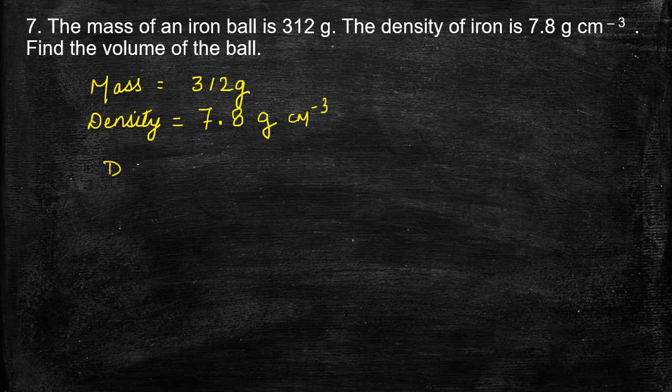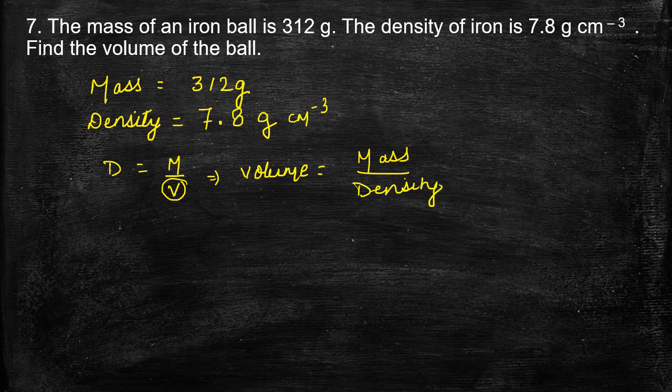So we know density is mass upon volume, which means if we have to find out volume, so volume will be equals to mass upon density. We will take this volume here and density will come down. So volume will be equals to mass upon density. Mass is 312 gram. Density is 7.8 gram per centimeter cube.